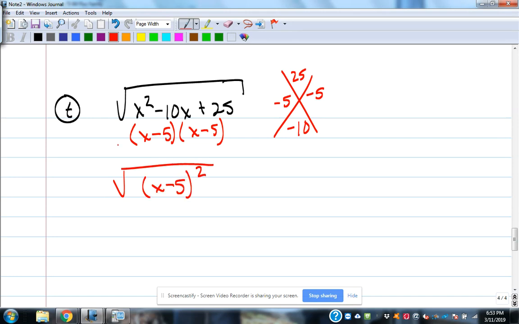Works out wonderfully because I know the index of this problem is a 2, so it's a lot like the previous example. And you have x minus 5 to the 2 over 2, which is just x minus 5. That big ugly problem up there that we started out with simplified down to just be a harmless little x minus 5. But it all came back from simplifying by factoring.